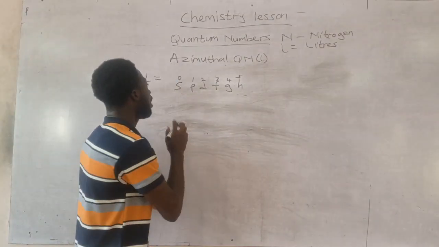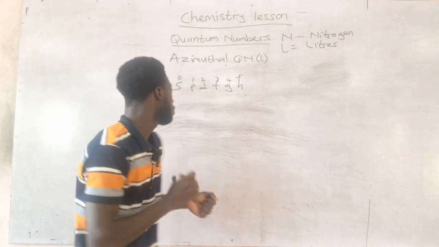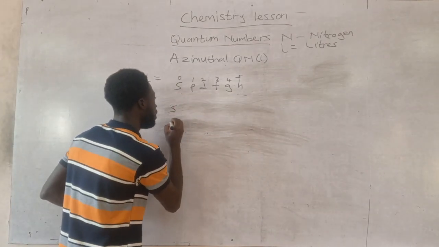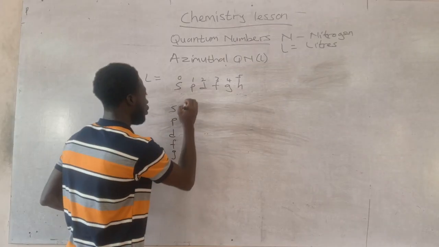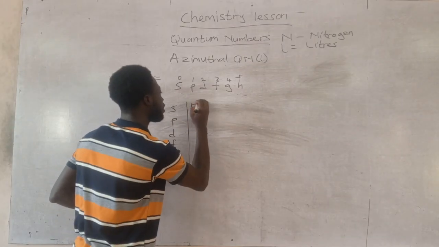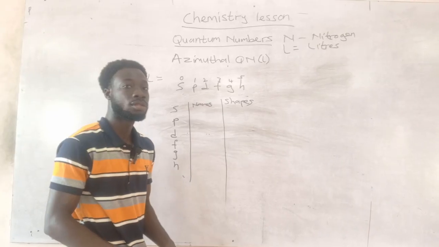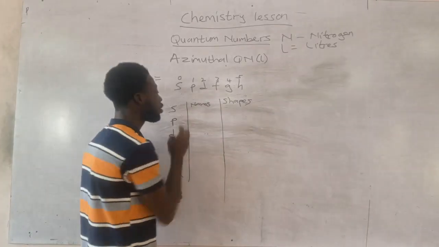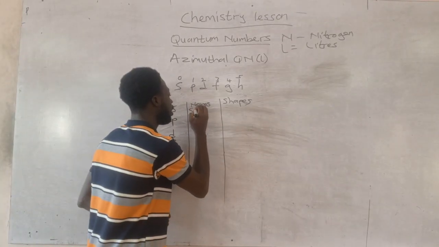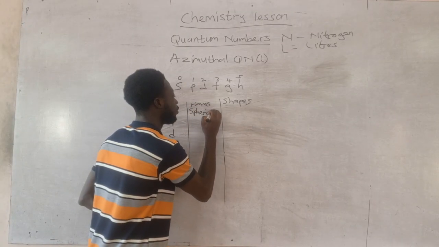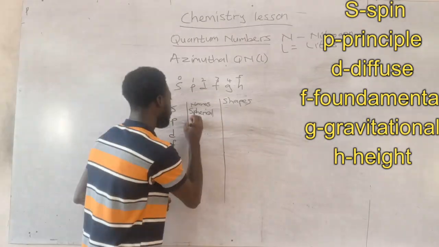I will tell you the names of these orbitals and also their shapes. We have the s, p, d, f, g, and h. Now the names. The name for the s orbital is sharp. The name for the p orbital is principal.